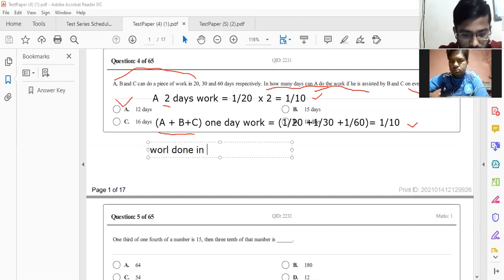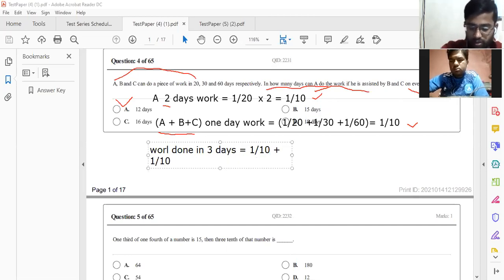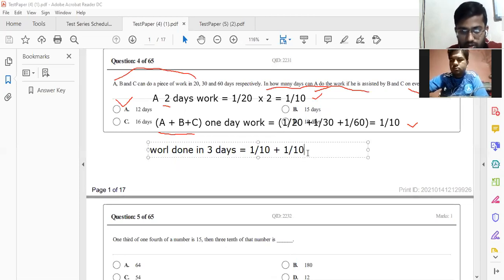Work done in 3 days. How much? 1 by 10 plus 1 by 10. Here, 2 days work of A and 1 day work of A plus B plus C, 1 by 10, 1 by 10. If you add this, you'll get 2 by 10. 2 by 10 means 1 by 5.